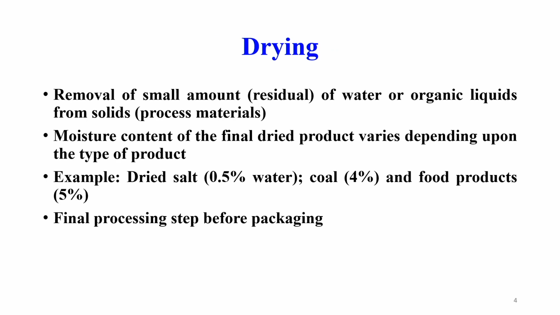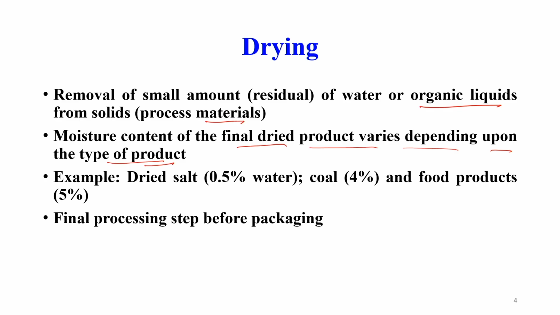Drying, as the name suggests, is removal of a small amount of water, or residual water or moisture content. It may also be some organic liquids from the solids, from the process material, from your product. And this moisture content in the final dried product varies depending on the type of product. So, what is the desired moisture content, and accordingly you go for the drying.